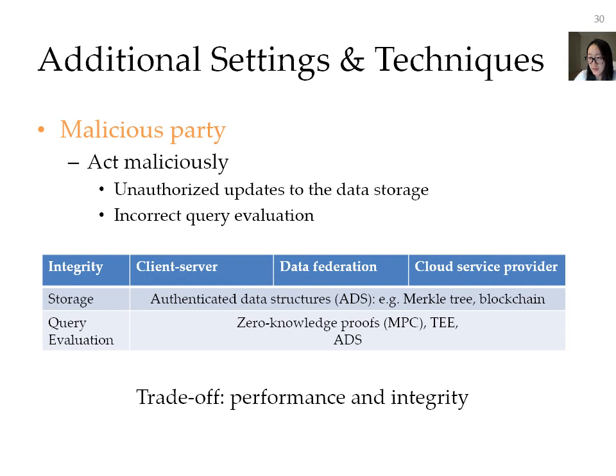Existing efficient solutions could only provide partial integrity for part of the data or part of the query, and sometimes against just a special type of malicious behavior. Composing the existing methods for an end-to-end integrity guarantee still remains an open question.